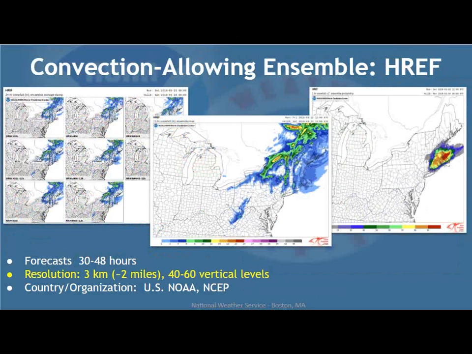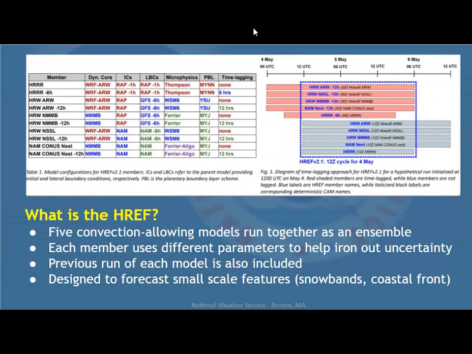If you go to the next page, you can see the HREF actually consists of 5 different convection allowing models that are all run together. Each of these models has different parameters and initializations that help it resolve what it thinks is going to happen.